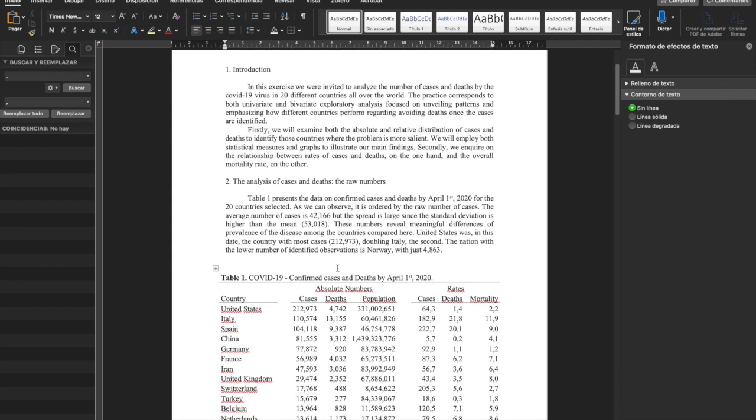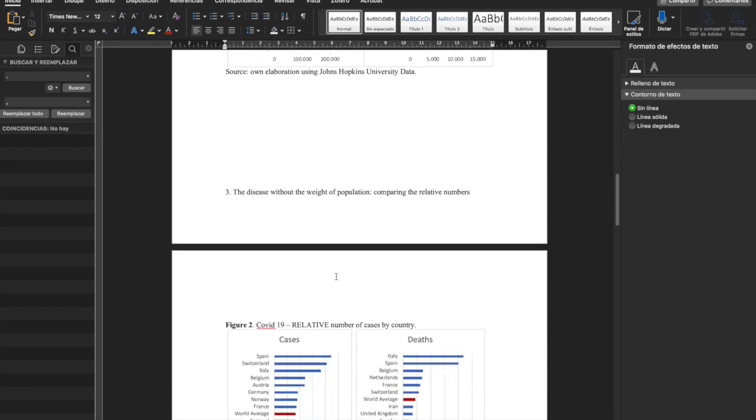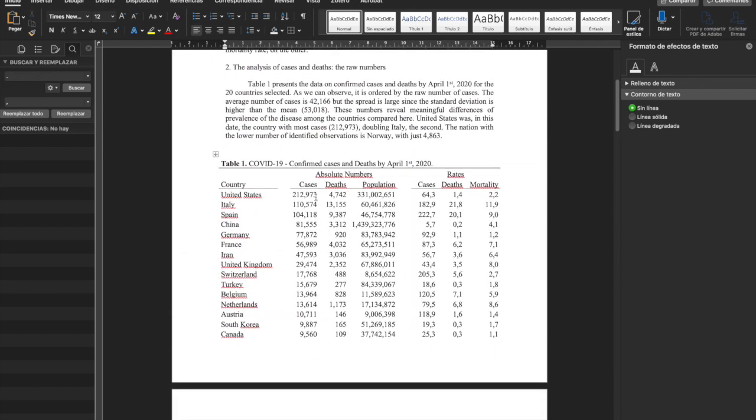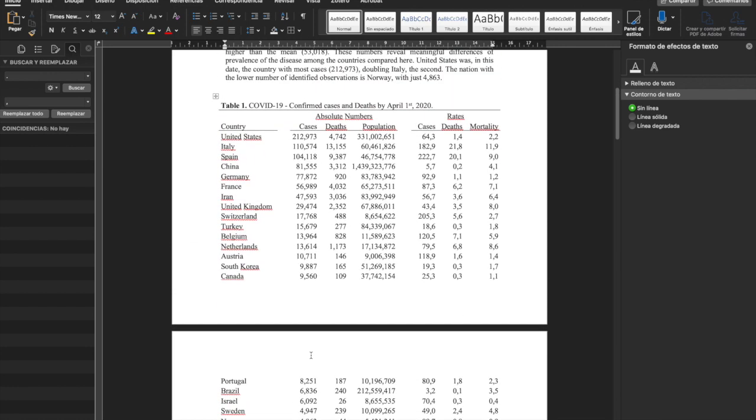First analyzing the raw numbers, the distribution of cases and deaths. Then I go first to the general. I describe the distribution, the mean, the spread of the cases, the highest value, the lowest value, to let people who are reading know the difference among countries, what's the typical number of cases, etc., and to warn them about the heterogeneity of the countries that I'm exploring here.